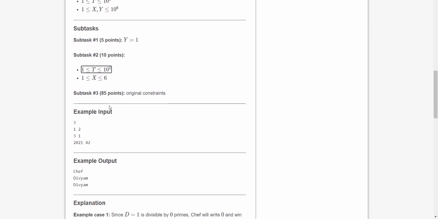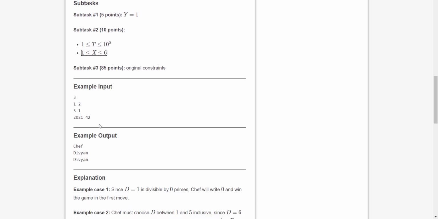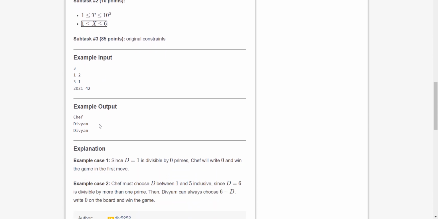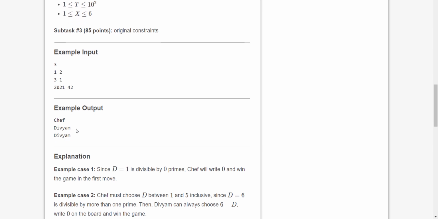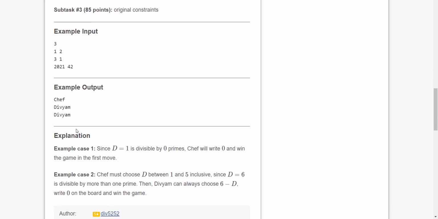So here you would have seen the inputs. There are 3 inputs, 3 test cases: x and y are 1 2, 3 1, and 2021 42. But an explanation of only 2 test cases is given. So let's try to understand it in this only. Since d is 1, which is divisible by 0 primes, Chef will write 0 and win the game in the first move.